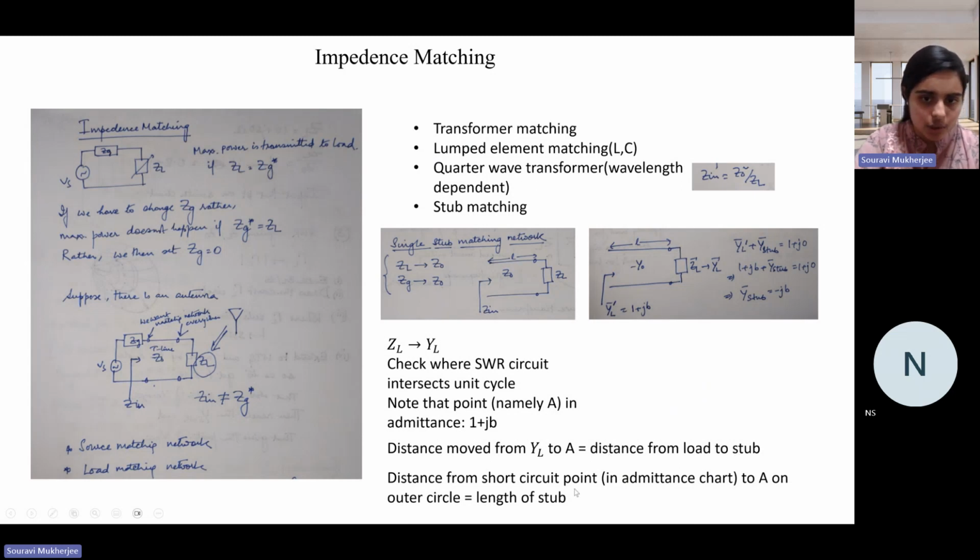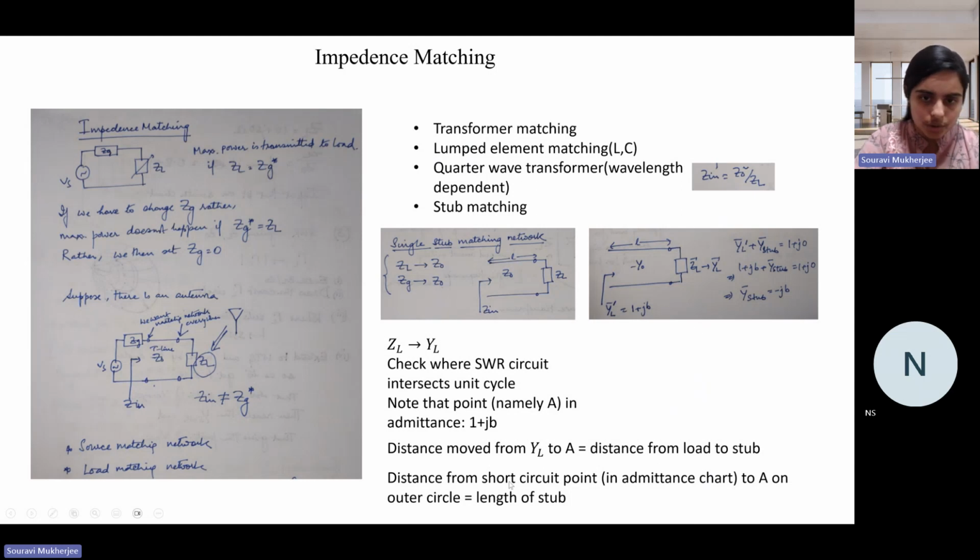Another important thing is the length of the stub, which is related to this B. It is the distance from the short circuit point. This zero corresponds to the short circuit point.